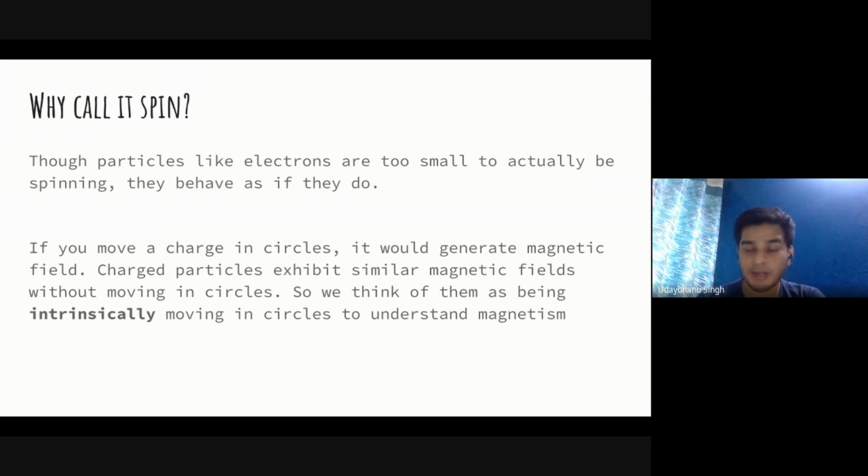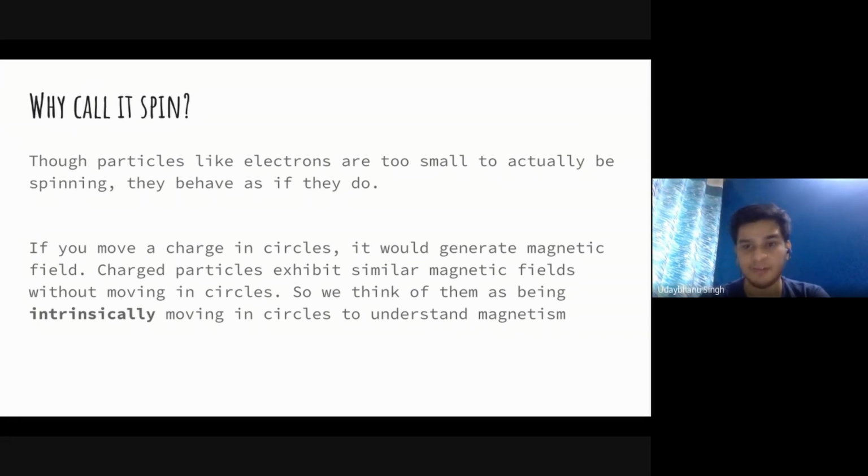Now, we already knew that the particles were charged, right? We already knew that the electron has a negative charge. We already knew that the photons have a positive charge, and consequently, we also figured out that quarks have respective negative and positive charges as well. So we already knew about the charges that particles have, but we did not know why they were generating magnetic fields.